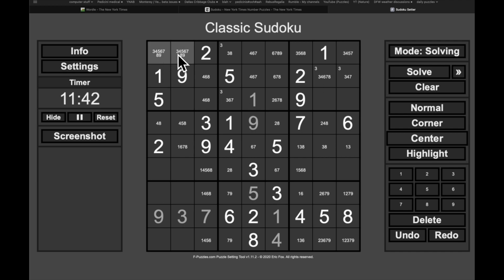Okay, these ones, I can eliminate 9 and 5. This one also doesn't have a 3 in it. That one still could.